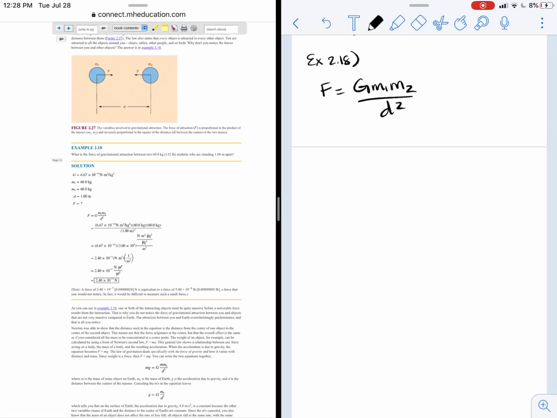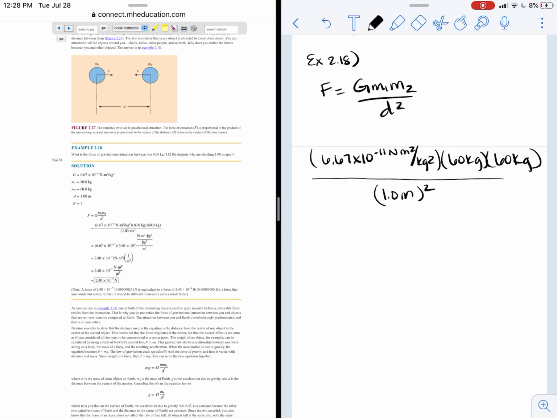This is where you need to use your constant, multiplied by 60 kilograms. They're both 60 kilograms, so that's the same thing. And it says that they're how far apart? 1 meter apart, and that's squared.